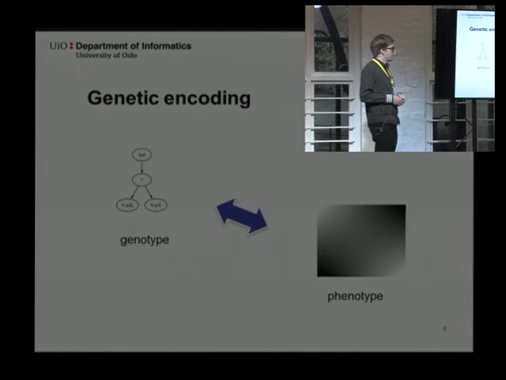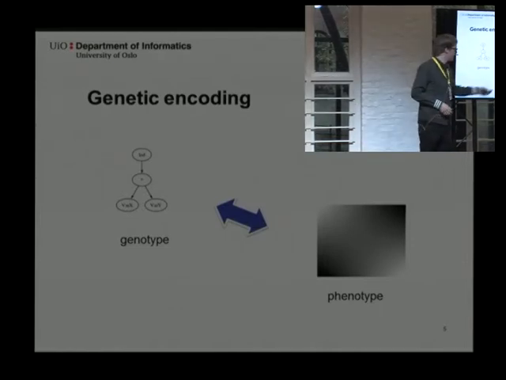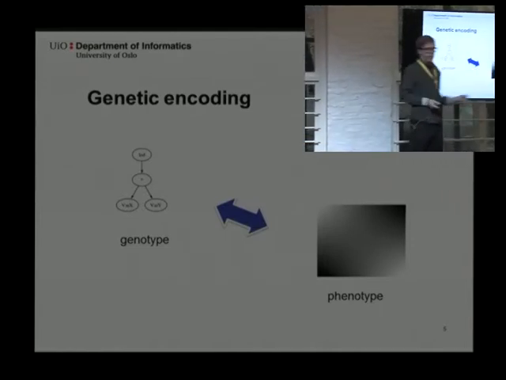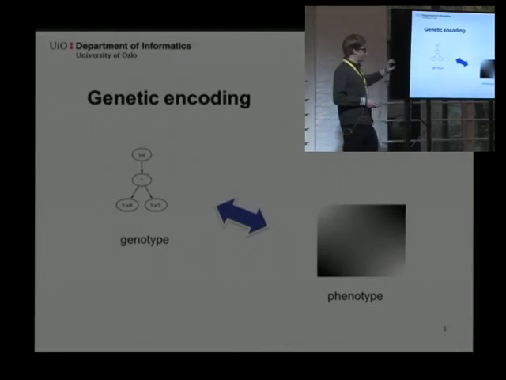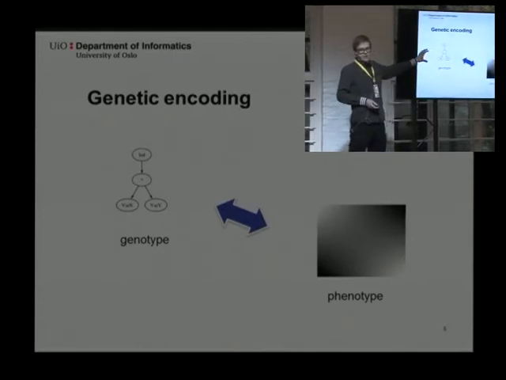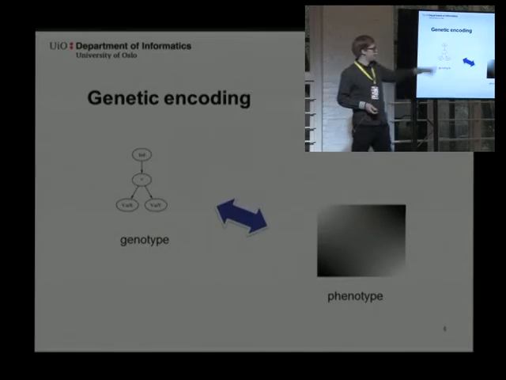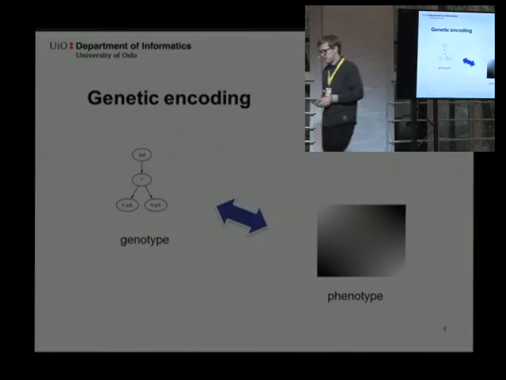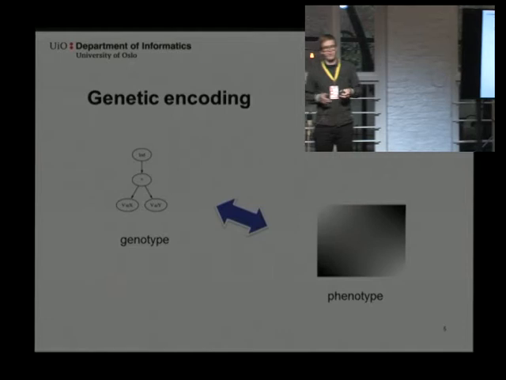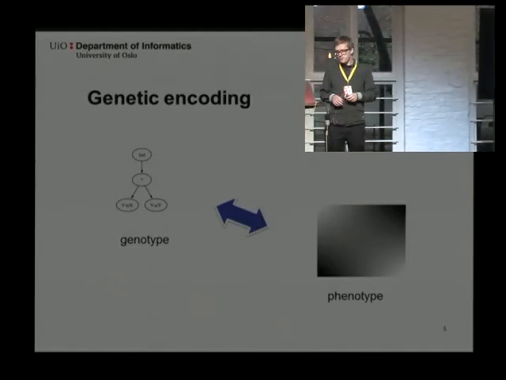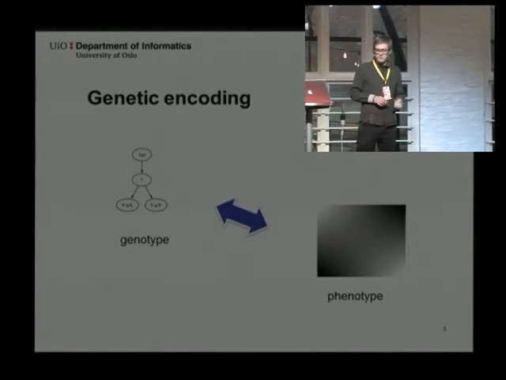So we have a picture here with, say, X and Y coordinates, and we have a representation of our picture here. That's basically a tree, so it's coded in your computer, and it takes as input the X coordinate and the Y coordinate, and multiplies them together. And that's the result you get. And then you can build on this tree to make more complex images. So that's your coding of the solution.